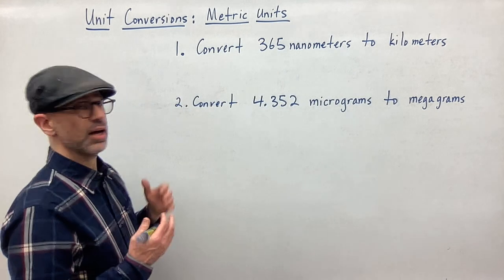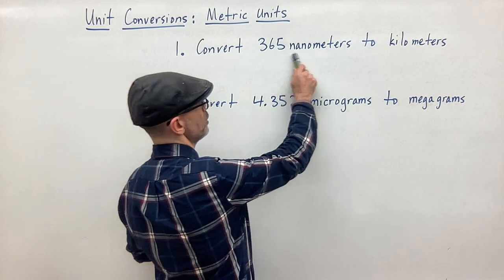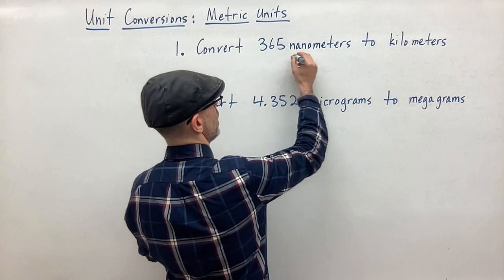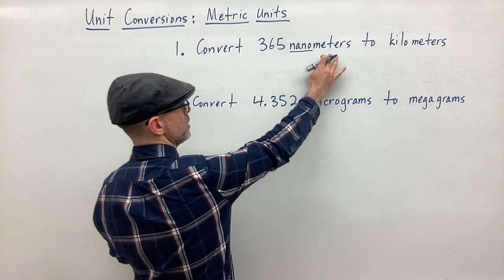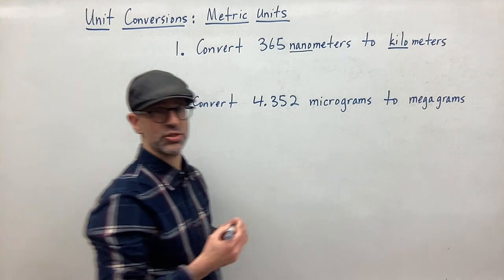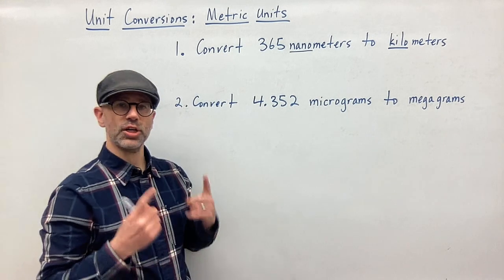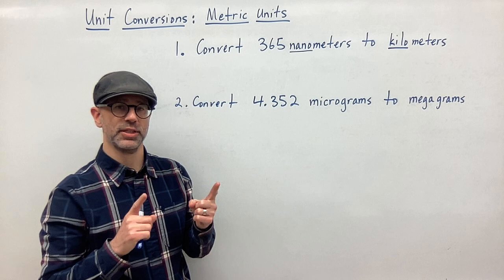So you need an equality between that. But notice that you have a prefix here. So you have nano. Meter is your base unit. So you have nanometers and you have kilometers. Meters is your base unit again. So you're converting between two metric units that have prefixes.